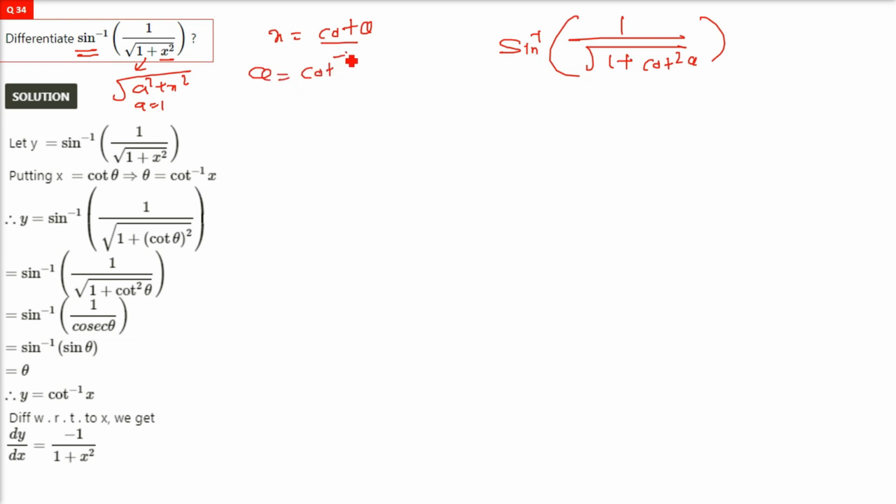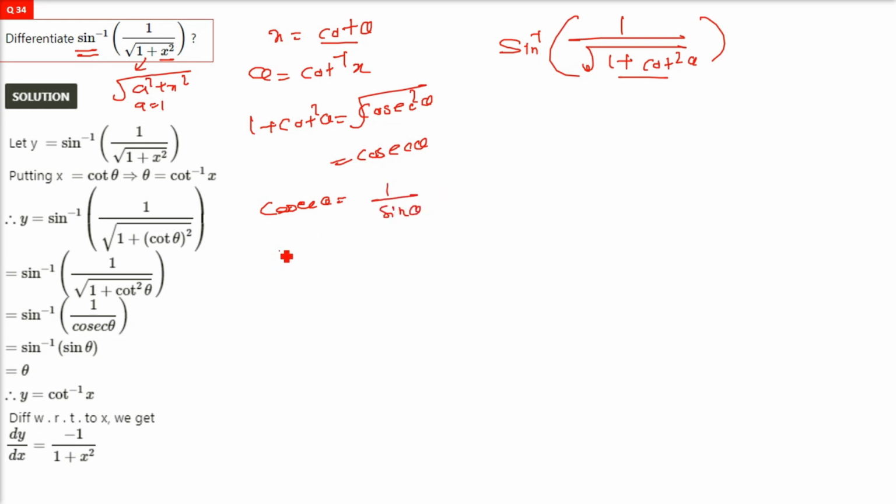From here x is cot theta, so theta will be equal to cot inverse x. And since we have the root of cosec square theta, you are going to get cosec theta. If you take the under root, it will be cosec theta only. And cosec theta is what? 1 by sine theta. Or you can say sine theta is 1 by cosec theta. One and the same thing.